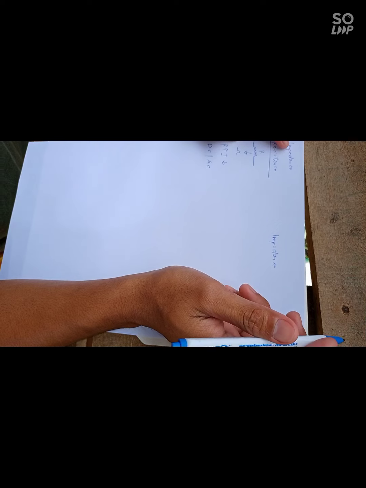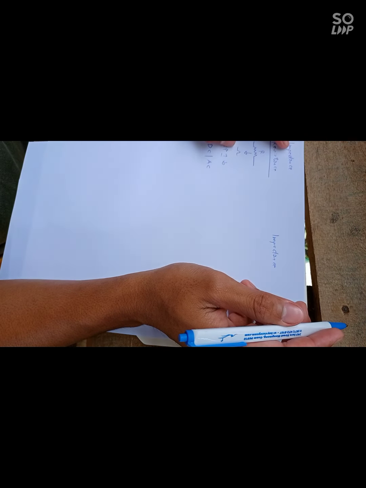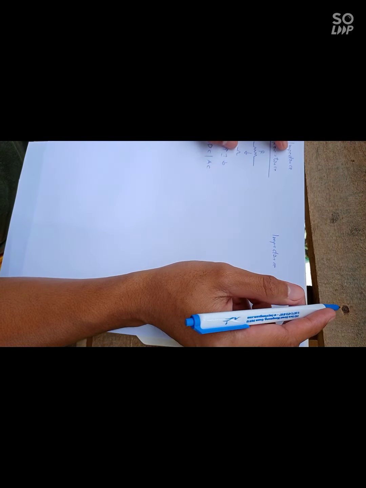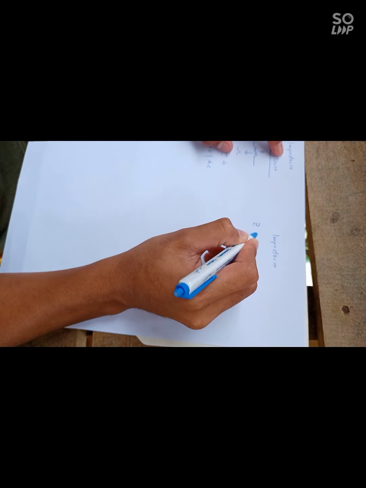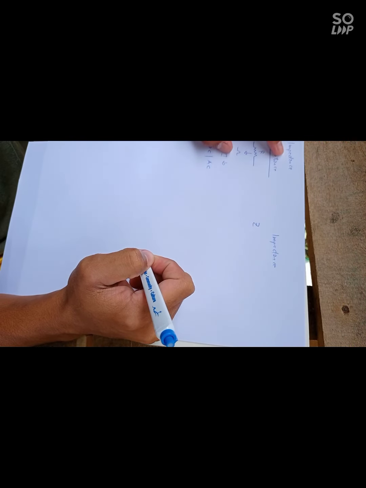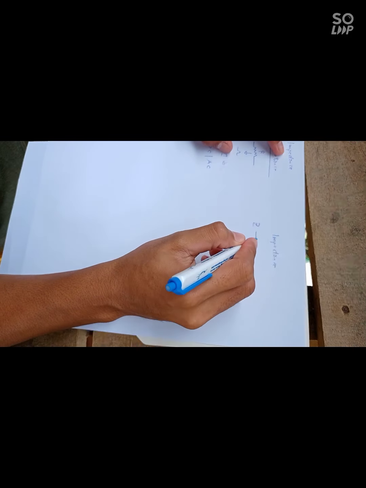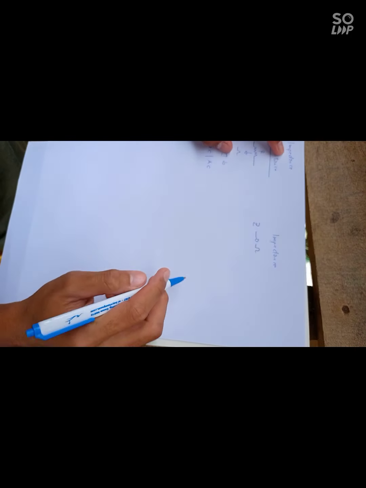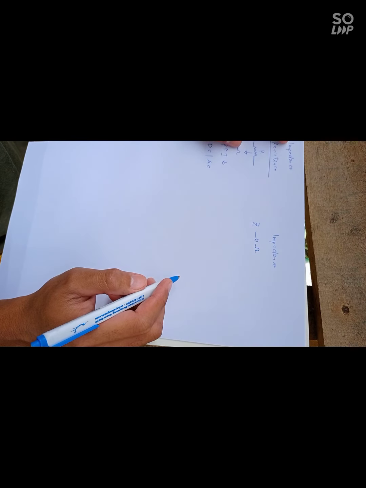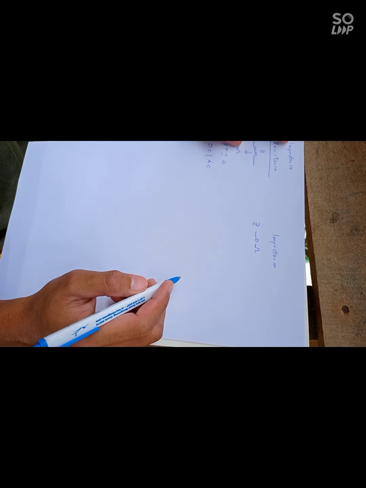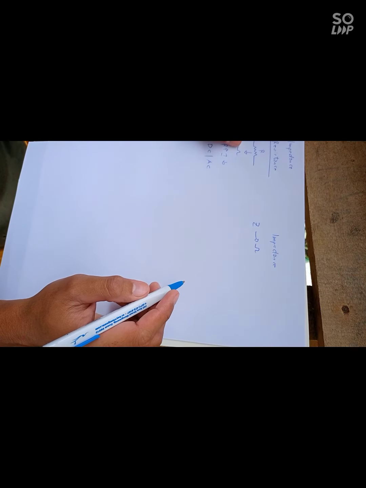Impedance is very similar to resistance. Impedance is represented by the letter Z. Like resistance, the unit is ohms. But impedance represents opposition to the flow of electrical current in AC circuits as opposed to DC circuits.